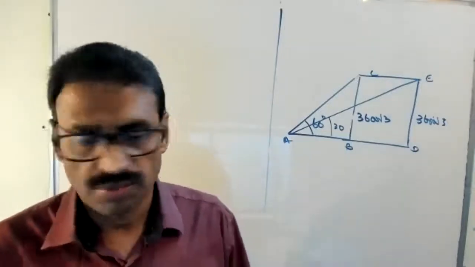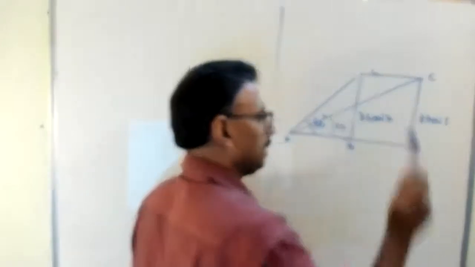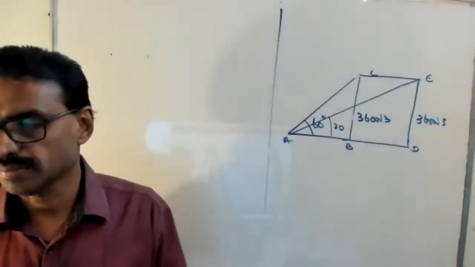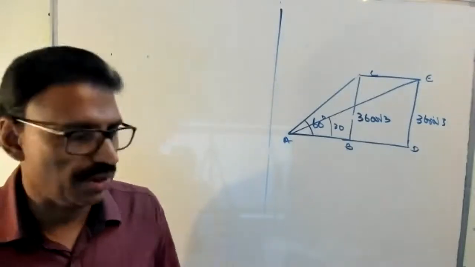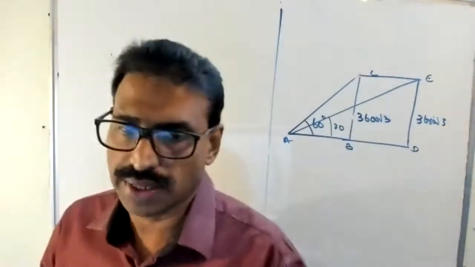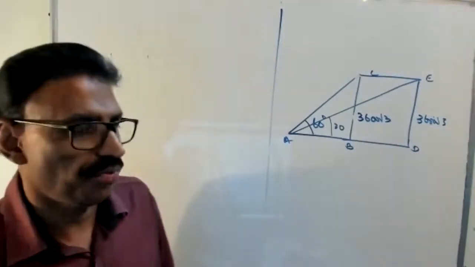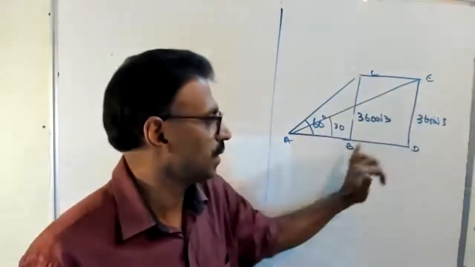You have to get the distance from C to E, which is the same as B to D. Plan okay or not? Our requirement is speed. Speed equals distance divided by time. So we find the distance covered by the flight from C to E, the same as B to D.